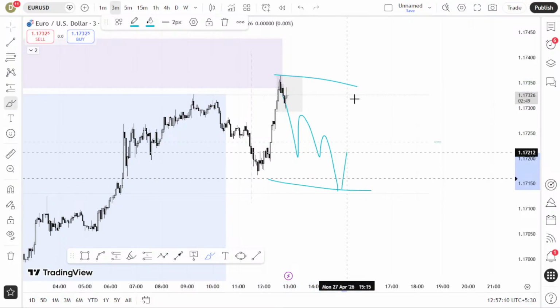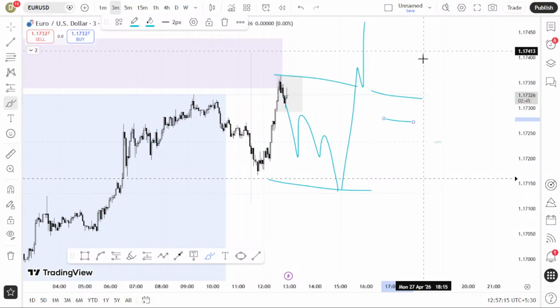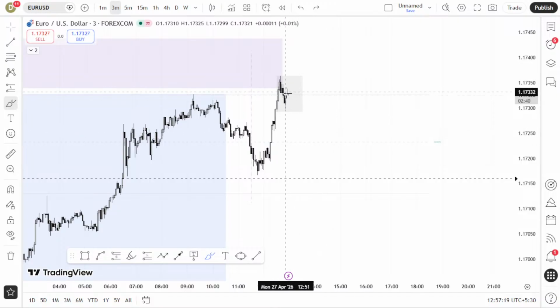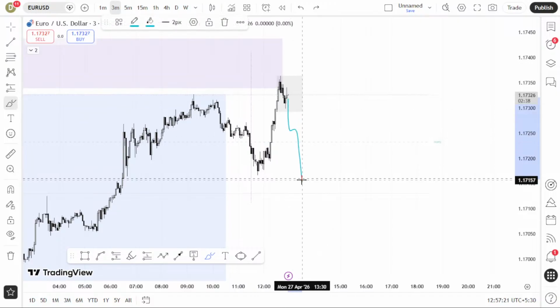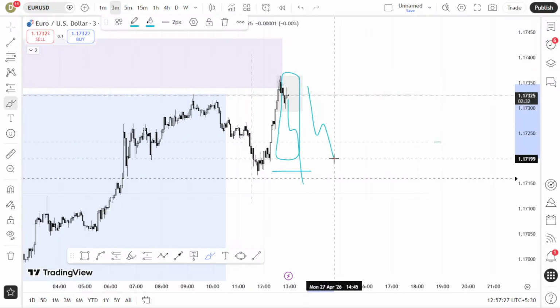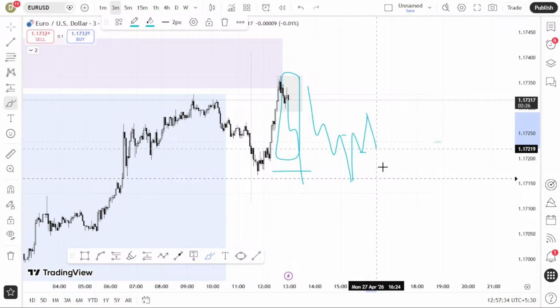It would take a lot of time, and even if price comes and lasts into our time window, I think the momentum would be to the bearish side. So I don't think we would be finding any buying opportunities this afternoon.